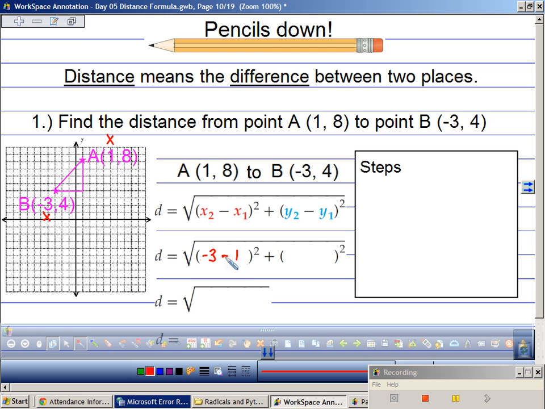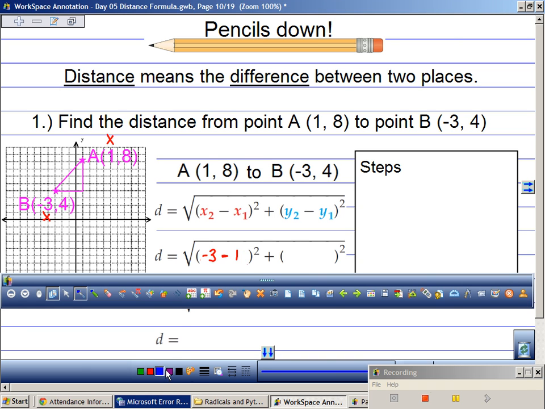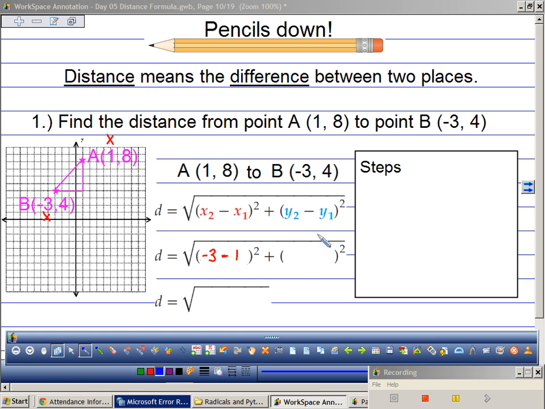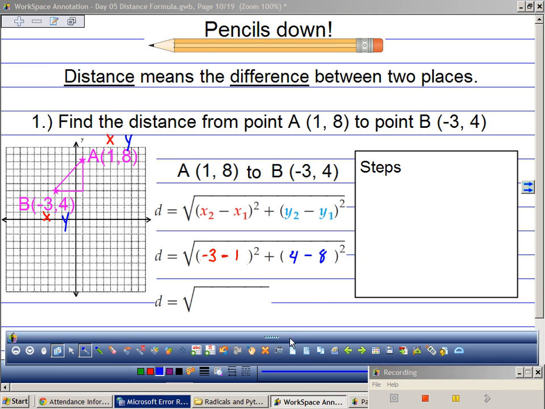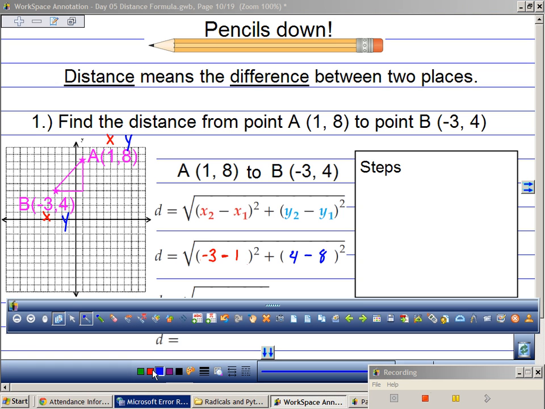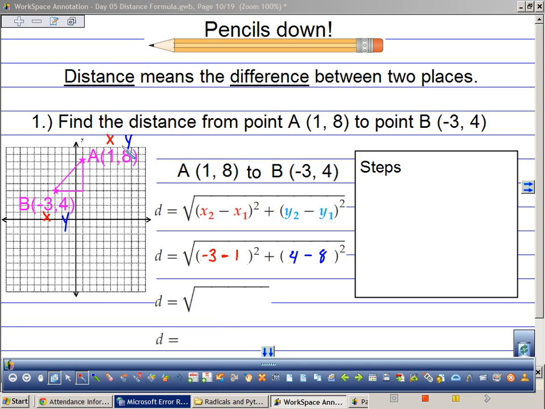A negative sign. Distance is different, right? What about here? What are my y's? I have 4 and 8. We need to find the distance between 4 and 8. What's going to go in here? A negative sign.